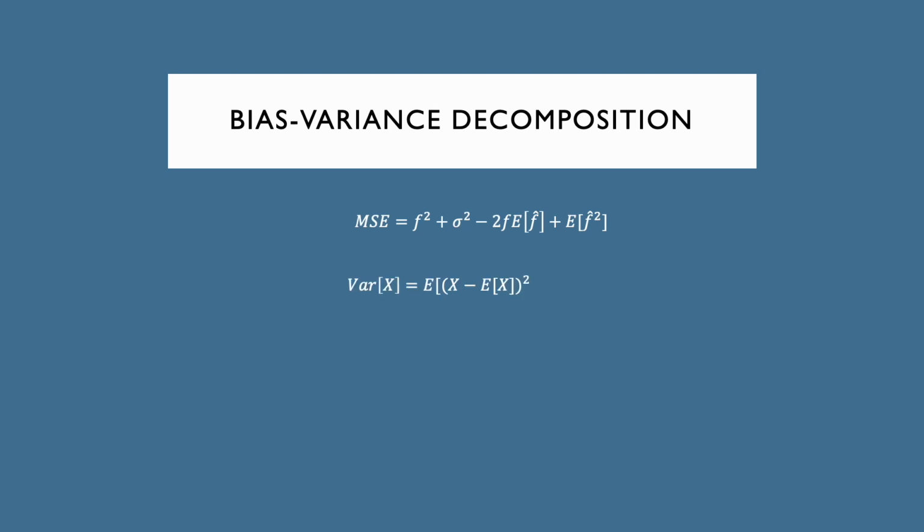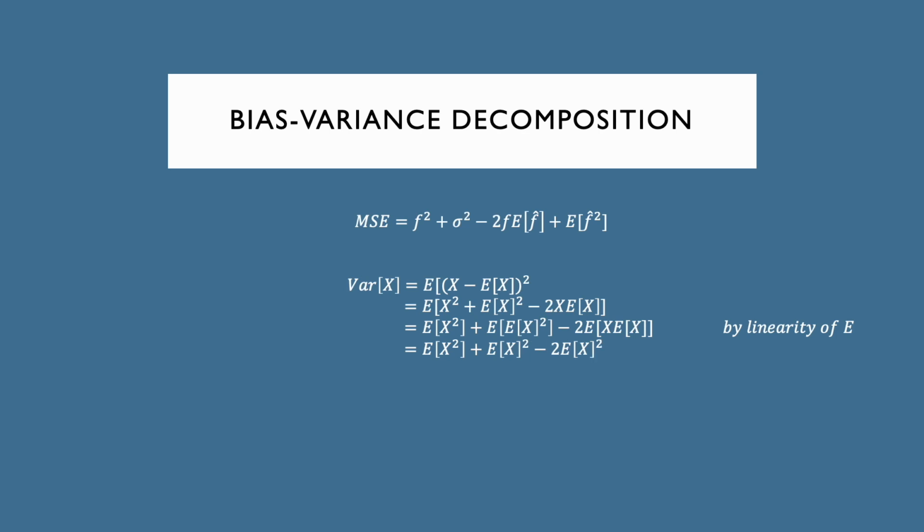Now for the last term, let's go backwards. Let's write out the equation for the variance of x. So the variance of x would look something like this. Now if we simplify the term inside the expected value, we can break it out like this. And again, using the linearity property of expectation, this is what we can break it into. Further simplifying some of those values, this is what we get.